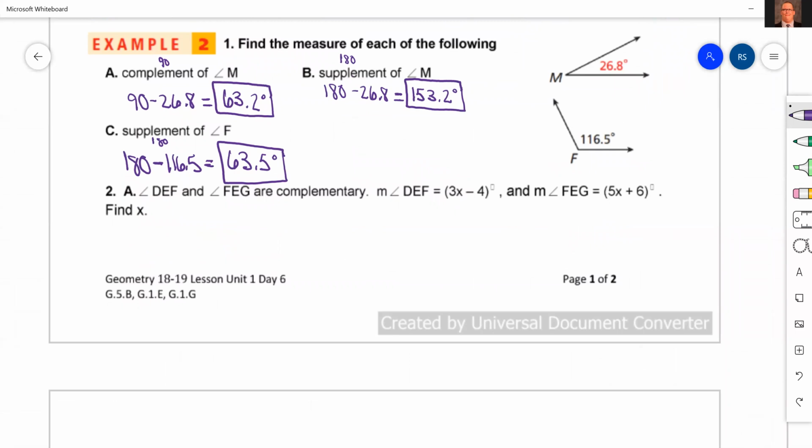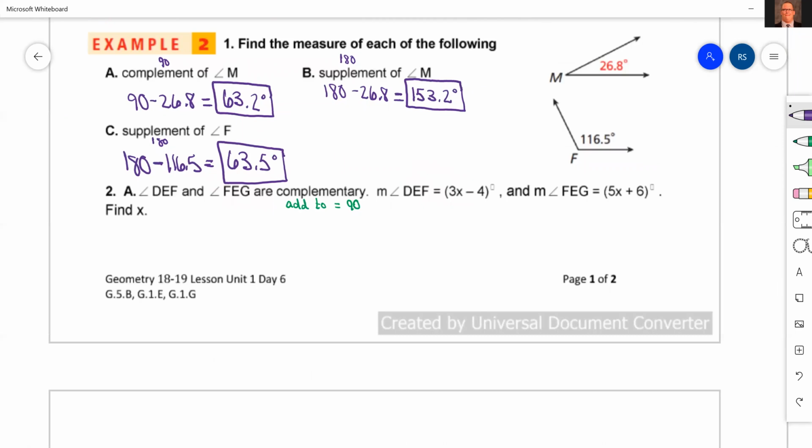Okay, the next part, it says angles DEF and FEG are complementary. What does it mean to be complementary? They add to equal 90. That tells us right there what we're going to need to do with them.